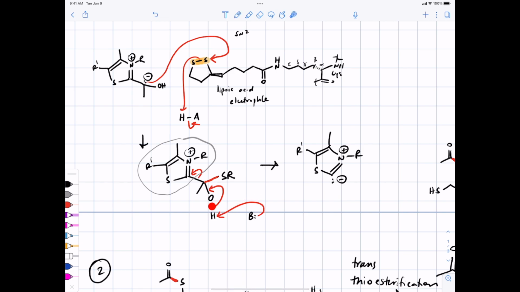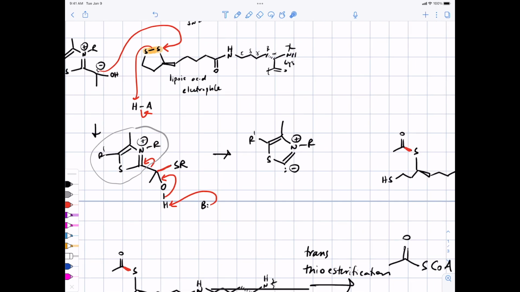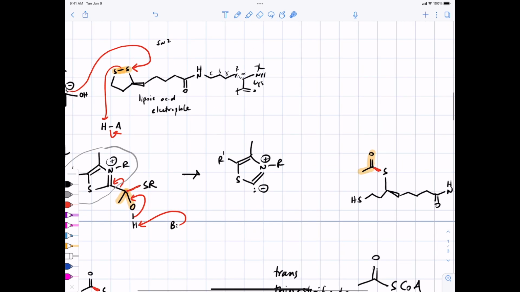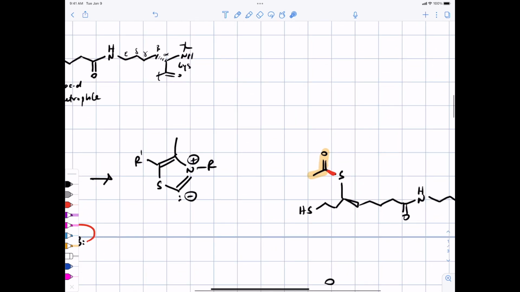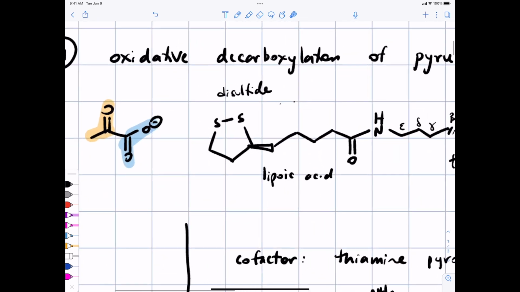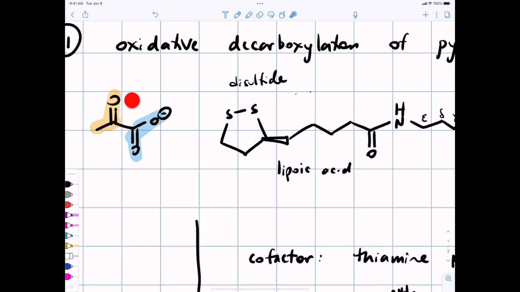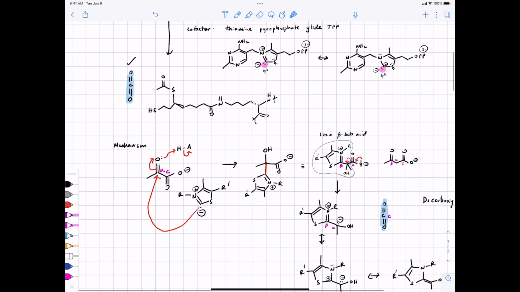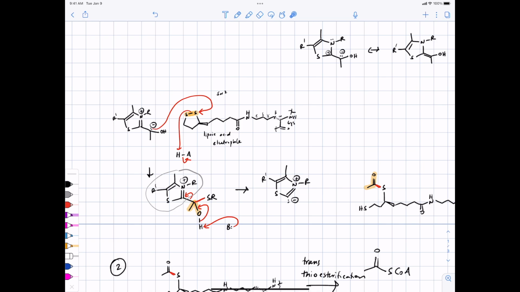A base removes a proton, electrons kick down, leaving group leaves. That gives us this thioester and regenerates the thiamine ylide pyrophosphate that we started with. And this acetyl group attached to this thioester is the same as this group from pyruvate. All right, so that checks off the thioester formation. Questions you want to ask about that?